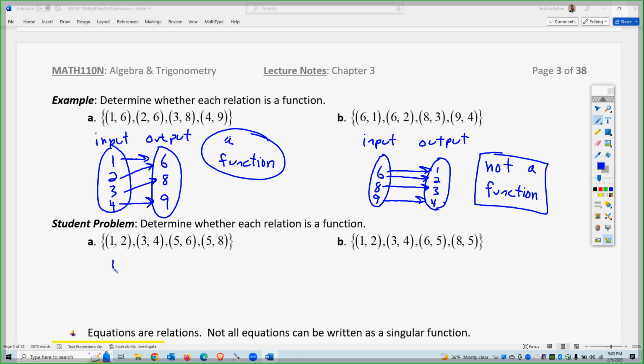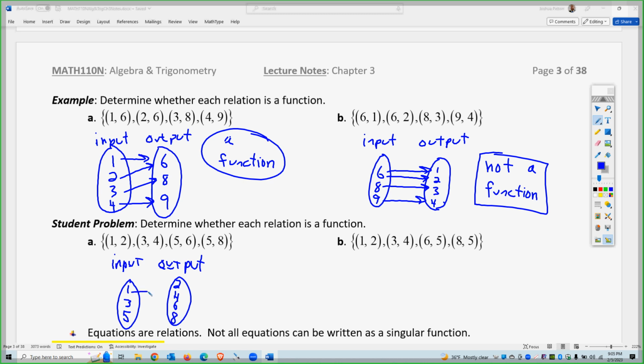Okay, so we'll try the next one. Input, output. So I have 1, 3, 5, and 2, 4, 6, 8.